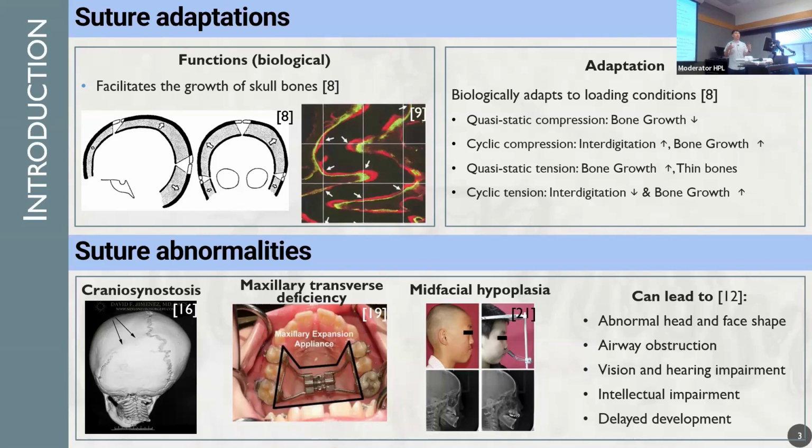Even though in general it's under compression, it could be in tension, and actually collagen works best in tension. So the theory is that because of the different loading conditions, to optimize to that loading condition, this is creating the more interdigitated complex structure. To achieve that complex structure, bone is growing on this side, but it's getting absorbed from the other side.